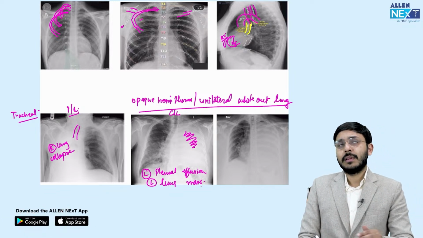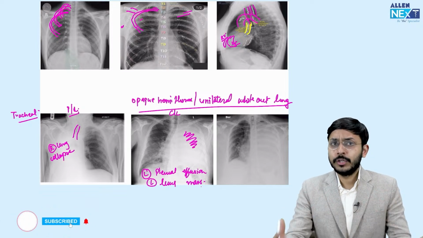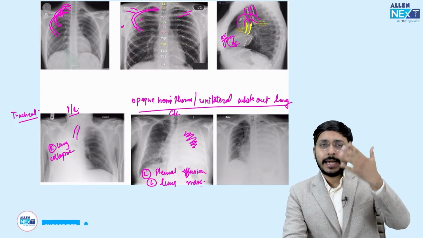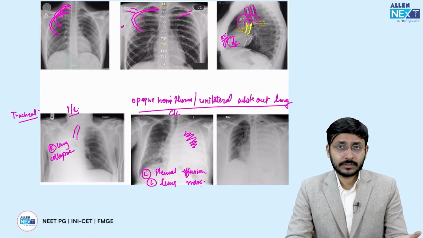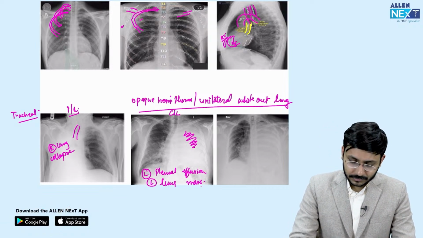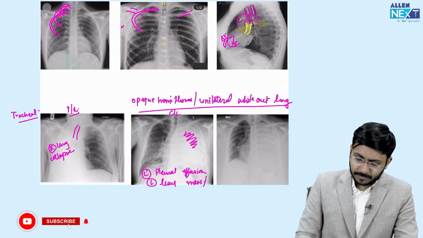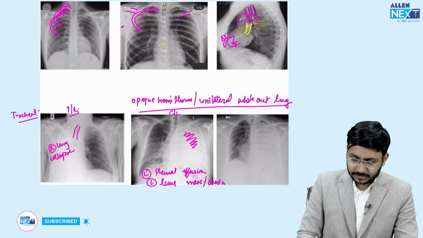For example, chest wall masses like Ewing sarcoma of the ribs can become so huge that they can occupy the entire left hemithorax, or one side of the hemithorax, and that is exactly how they look. So either a left pleural effusion or a large lung mass or basically a large chest mass.